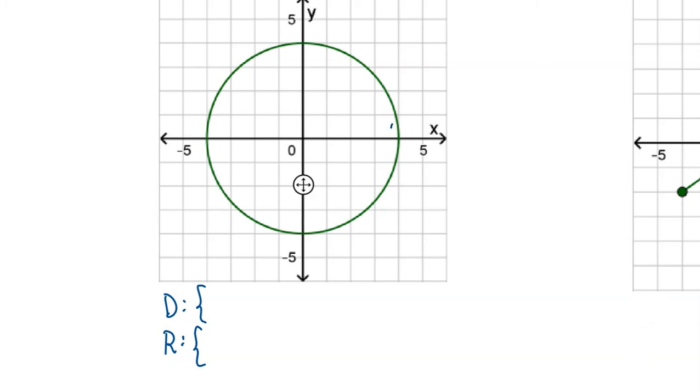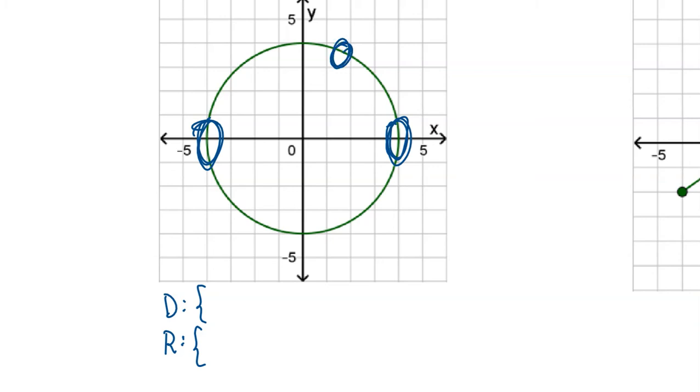Why did you pick 1? Four is one part of it, yep. -4. Right? Because it goes all the way to those. So from -4 to +4. All the x values are between -4 and +4.